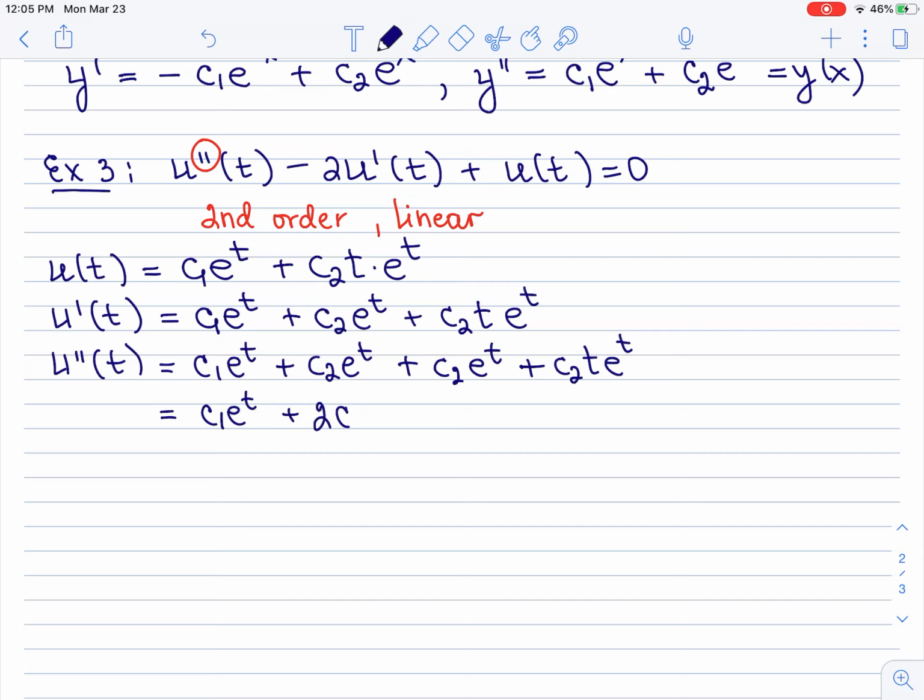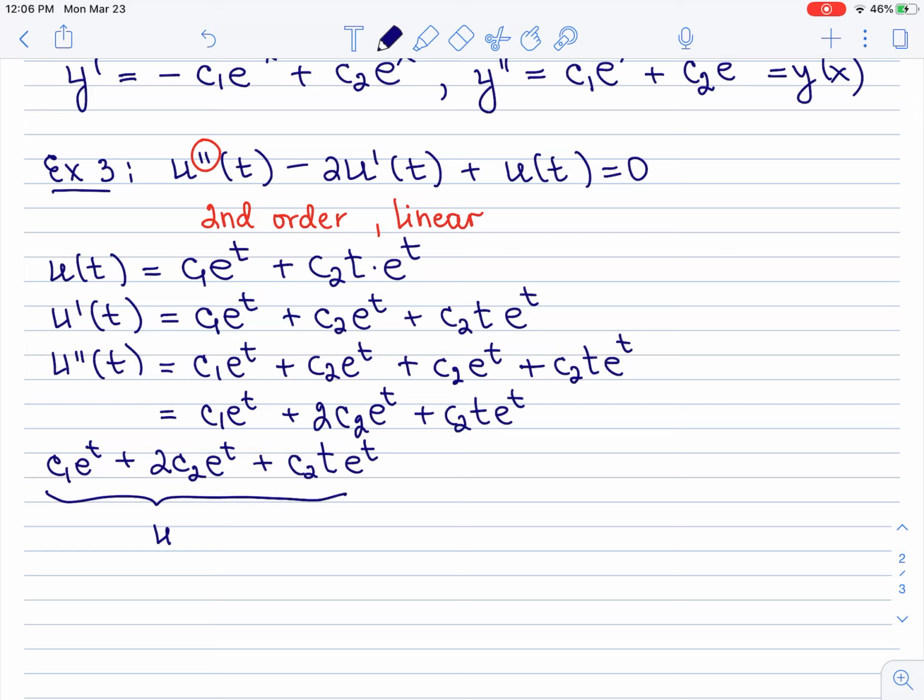So this is 2c2 e to the t plus c2t e to the t. Okay, lots of t's. All right, let's plug this in. So the second derivative first. That's c1 e to the t plus 2c2 e to the t plus c2t e to the t. And that is our second derivative.